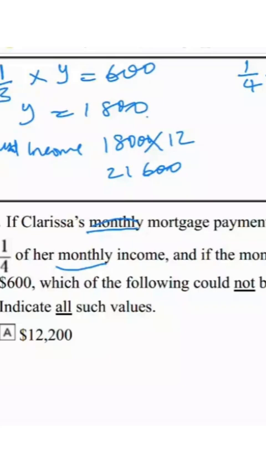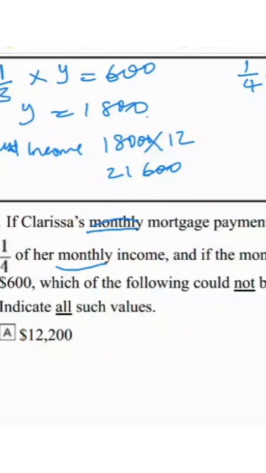Okay, so we have these two values. We are looking for values between 21,600 and 28,800. Any value that is not within this range is the correct answer.